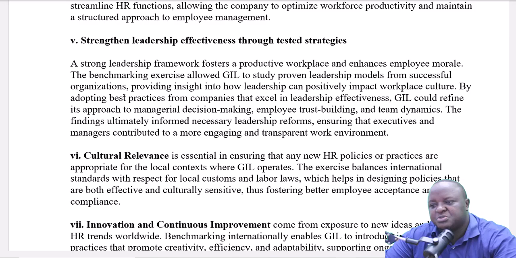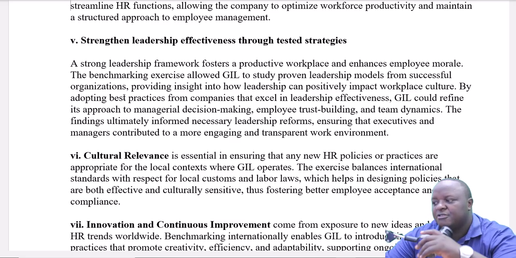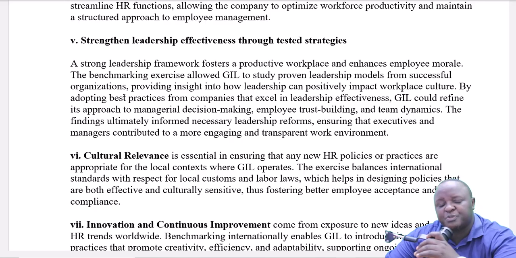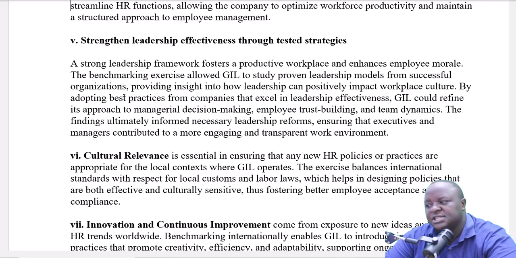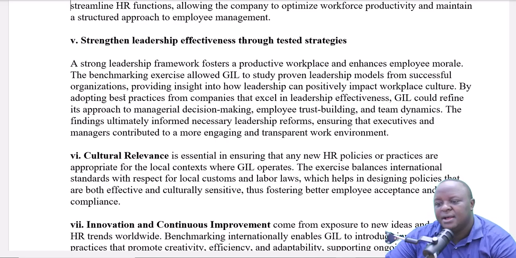So the benchmarking exercise allowed GIL to study proven leadership models from successful organizations, providing insight into how leadership can positively impact workplace culture. So by adopting these best practices from companies that excel in leadership effectiveness, GIL could refine its approach to managerial decision making, employee trust building, and of course team dynamics.